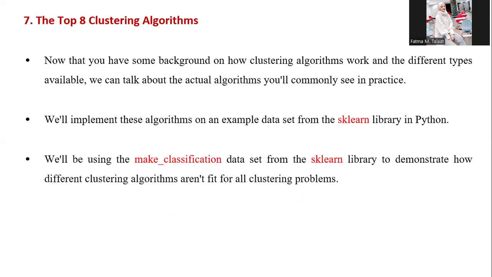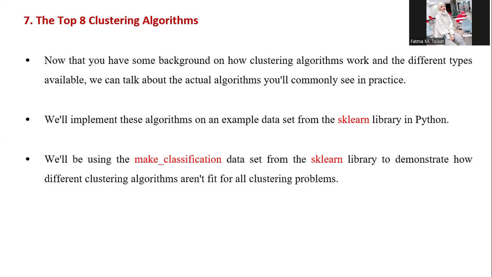Top 10 clustering algorithms. Now we have some background on how clustering algorithms work and the different types available. We can talk about the actual algorithms you will commonly see in practice. We'll implement these algorithms on an example dataset from the sklearn library in Python.